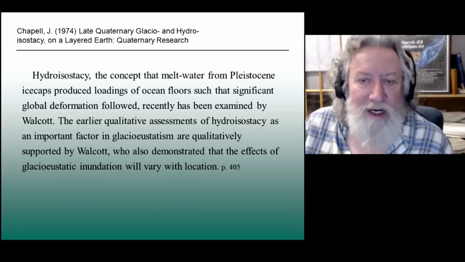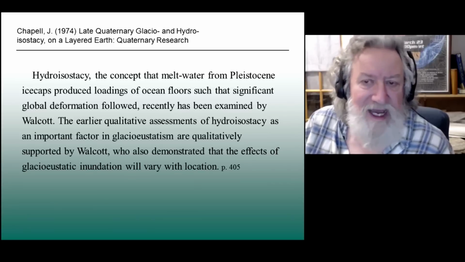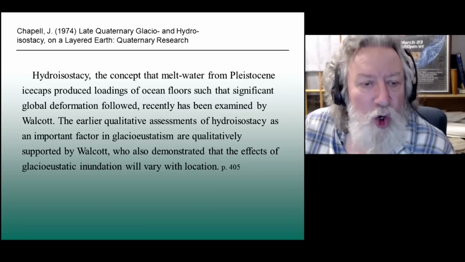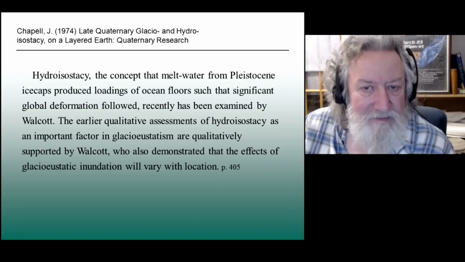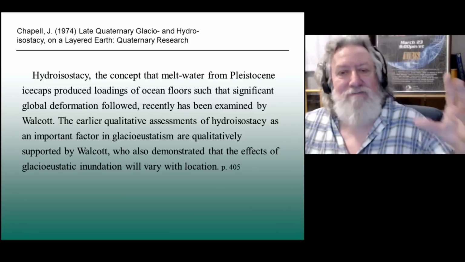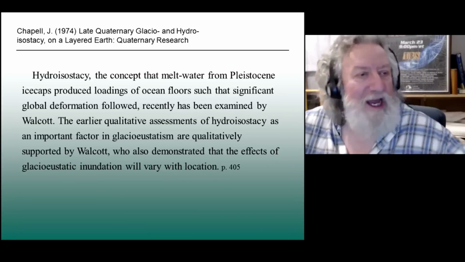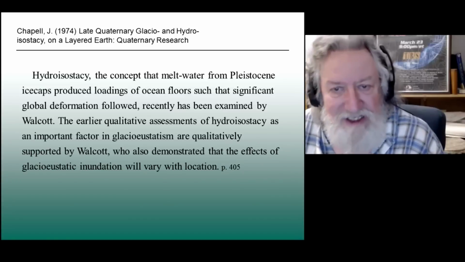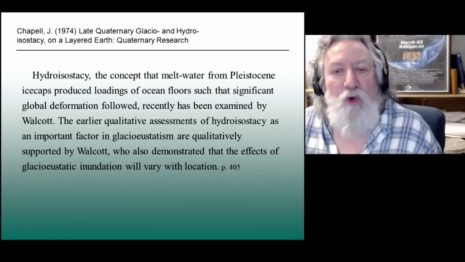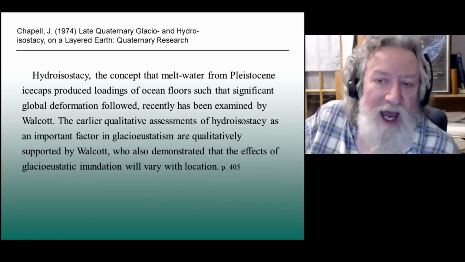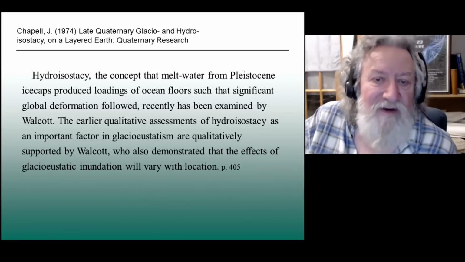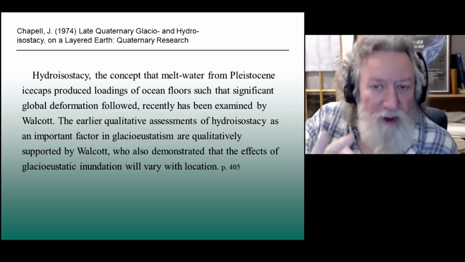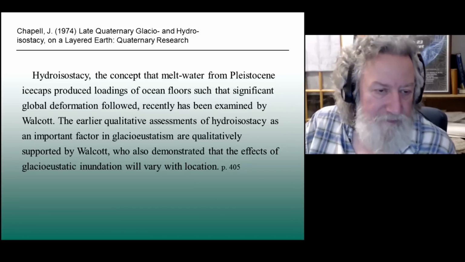The earlier qualitative assessments of hydroisostasy as an important factor in glacial-eustatism, we're just making up a new word here, glaciers and eustasy, are qualitatively supported by Walcott, who also demonstrated that the effects of glacial-eustatic inundation, and here's the important point, will vary with location.